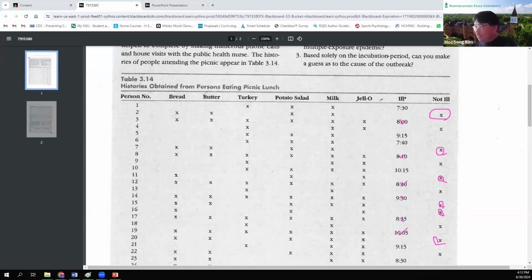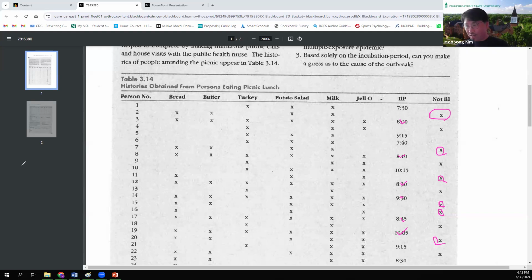So like this, we count the people who ate the bread, and then figure out how many of them got sick and how many didn't.